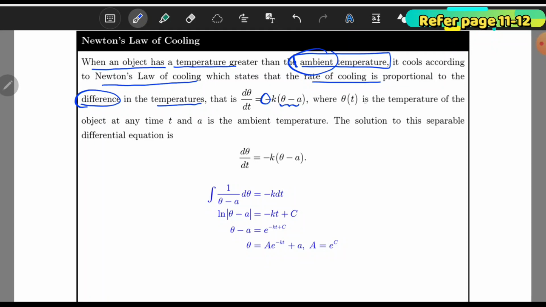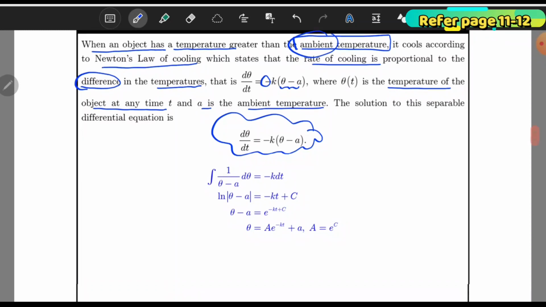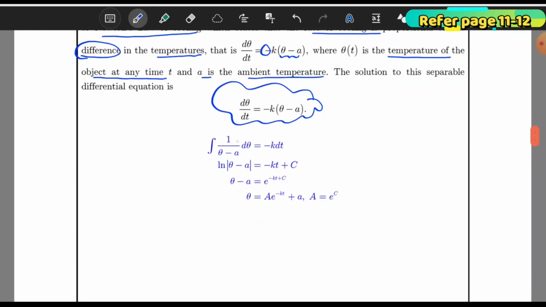Okay, where theta is the temperature of the object at any time t, and A is the ambient temperature. The solution to this separable differential equation will be, okay, so this is the formula according to Newton's law of cooling. So now we will try to separate. So we have 1 over theta minus A, d theta equal to negative k dt.